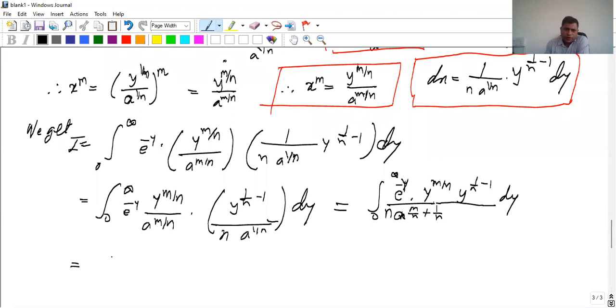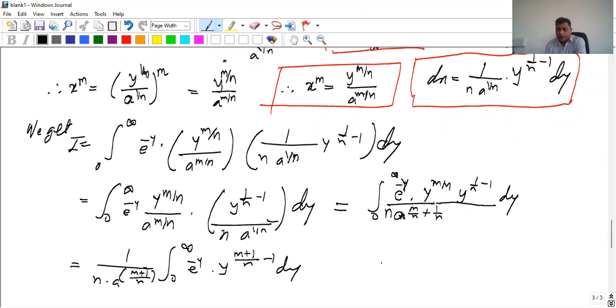Okay, so what we'll be having: 1 upon n into a raised to m plus 1 by n. Is that okay? Yes. This is integral 0 to infinity e raised to minus y, y raised to m plus 1 by n minus 1 dy. Are you getting this term?